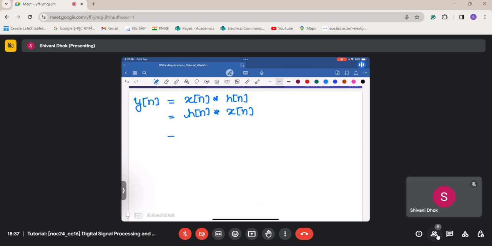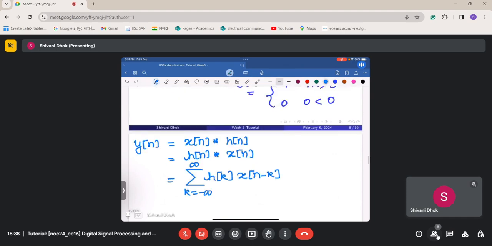So this I can now write as a summation. By definition of convolution, I can write this as summation k running from minus infinity to infinity h of k into x of n minus k.